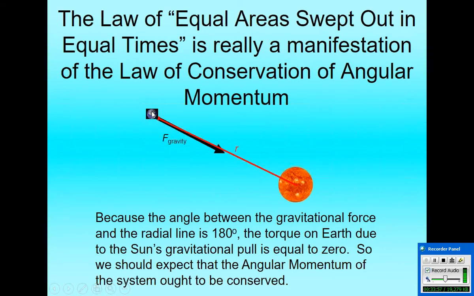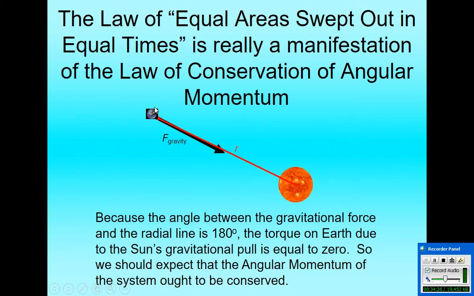There is a force that attracts the planet to the sun, a gravitational force that acts over some distance r. The angle between the two is 0. So what that means is the torque that the sun exerts on the Earth is 0.